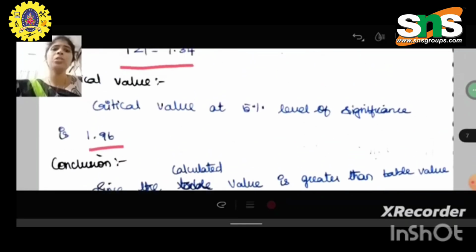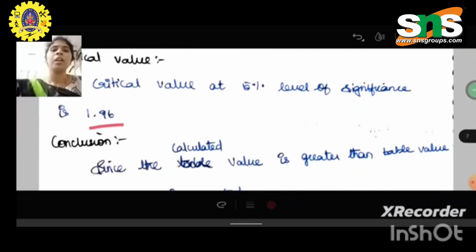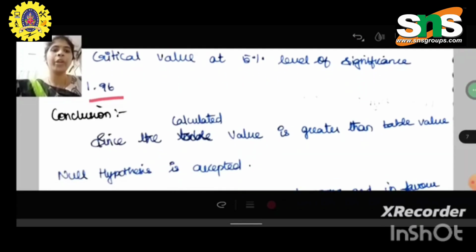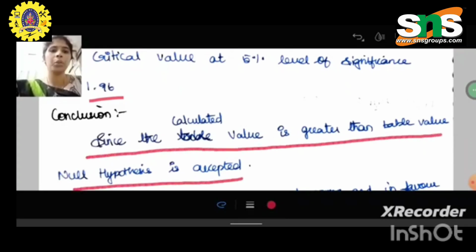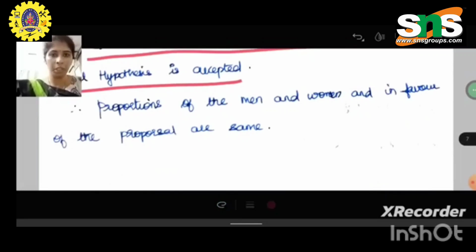Since the calculated value 1.34 is less than the critical value, that is the table value 1.96, we conclude that the null hypothesis is accepted. That is, the proportions of men and women supporting the proposal that the flyover come near their residence are same, that is 0.5 and 0.5.